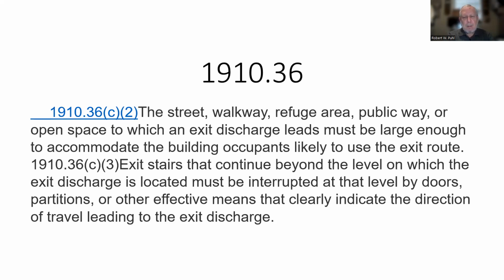Exit stairs that continue beyond the level on which the exit discharge is located must be interrupted at that level by doors, partitions, or other effective means that clearly indicate the direction of travel leading to the exit discharge. So now there's stairs that are going beyond the exit discharge.